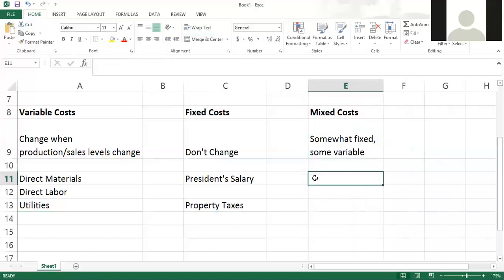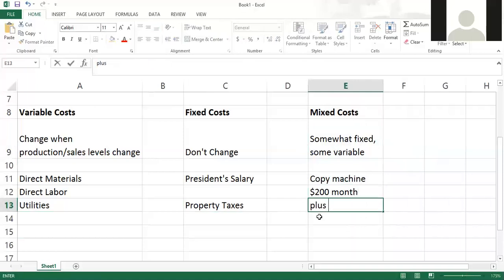Let me give you some really simple ideas of what these types of costs would be. Let's say you rent a copy machine, a fancy printer, however you want to refer to it. And your copy machine rent is $200 a month, no matter what you do. Even if it just sits there in the office and never gets used, you pay $200 a month.